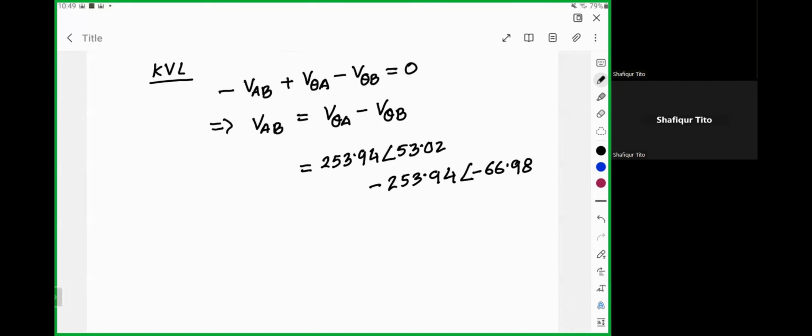We can use the phasor diagram, but I think we can do it directly as Osman has suggested. And in order to do it directly, what we need to do? Yes, you need to convert it to rectangular form, because polar form is not good for addition. So if we do the rectangular form, then what would be the value?